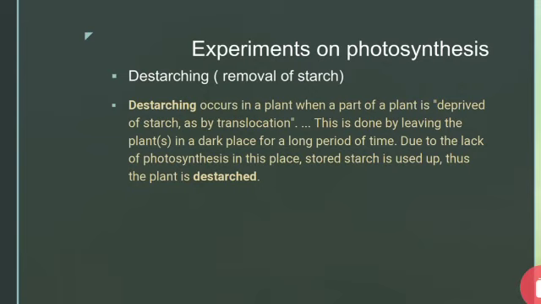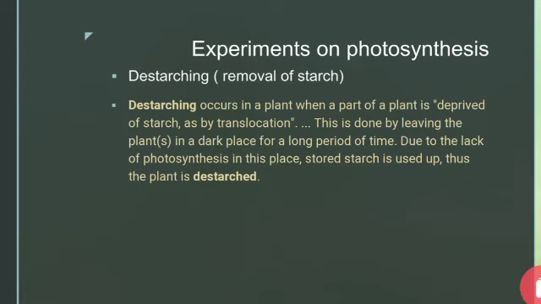So the starch won't be prepared, and the starch present in the leaf will be utilized. That means we are de-starching the leaf, removing the starch from the leaves.